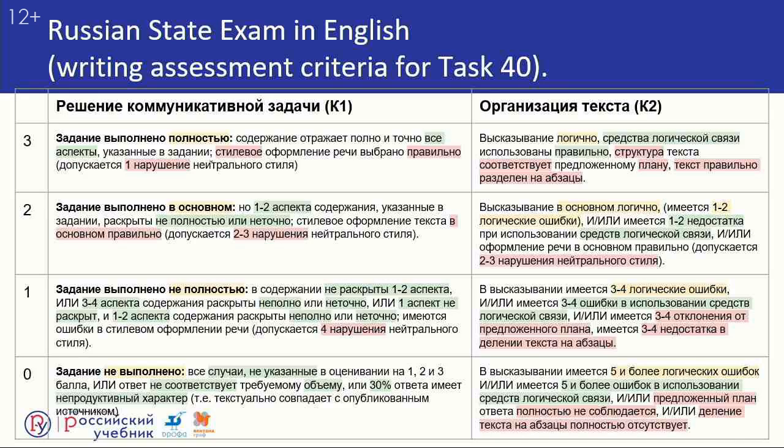If there are 2, 3 inaccuracies, I've highlighted this bit of the descriptor in red, right? We give it 2 points. If there are 3 or more inaccuracies or logical breakdowns when dividing this text into paragraphs, we give it 1.